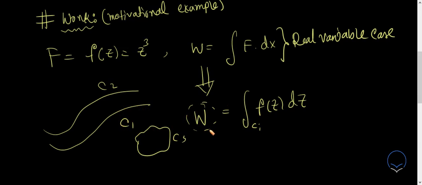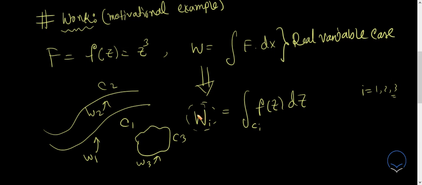Let's say you have these three contours, and by ci I mean i can take values like 1, 2, 3, and W1 will correspond to c1, W2 will correspond to c2, and W3 will correspond to path c3. So this means that this quantity that you are interested in, that is the work, is dependent on the path that you choose to evaluate. So that's why we want to deal with these contour integrals.